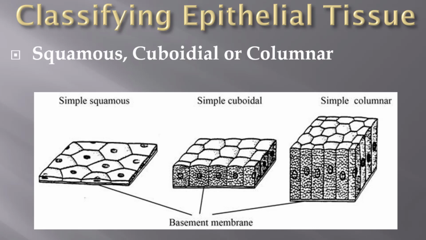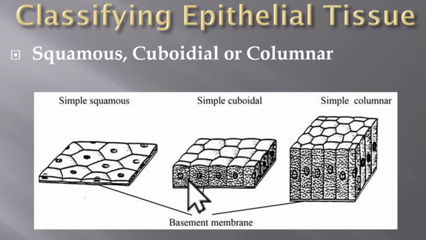These kinds of cells are where we need to move things very quickly across certain areas, and we'll take a look at this and I'll explain this in a few minutes. But we want something very thin, very flat. So simple squamous epithelium. The next shape is cuboidal. It's a cube. The height of the cell is approximately the same as the width of the cell.